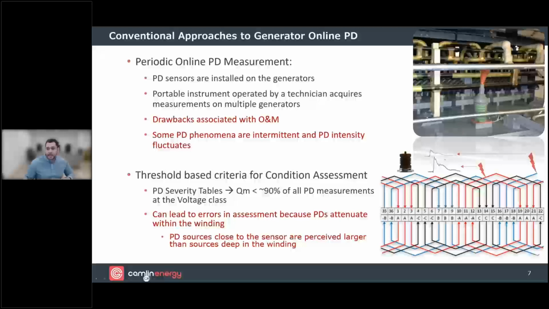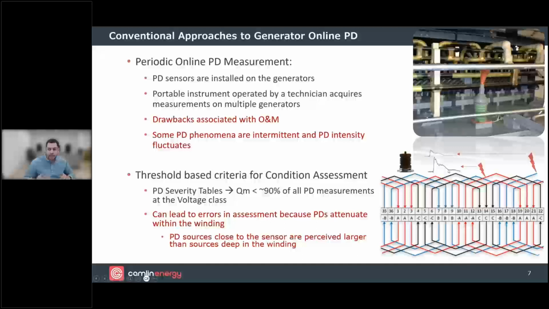So if we consider a discharge source very deep in the winding, even if it's large at the very site of where the defects are, by the time it propagates to the sensor located within the winding, there's going to be some attenuation. So we can see here the attenuation of the pulse compared to the second pulse here, which is at a closer site to the sensor, it's going to appear as larger.